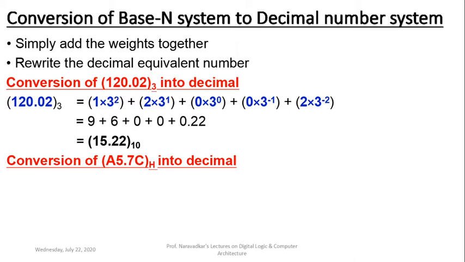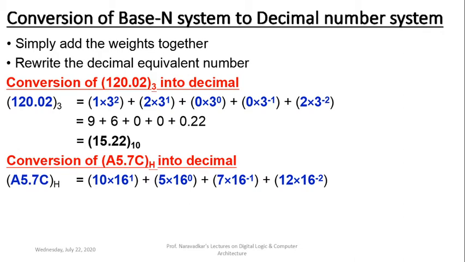Next example, where a hexadecimal number is given, A5.7C, and I want to convert it into its decimal equivalent. Here that given hexadecimal number is represented on the right side as per the corresponding weights of each digit.